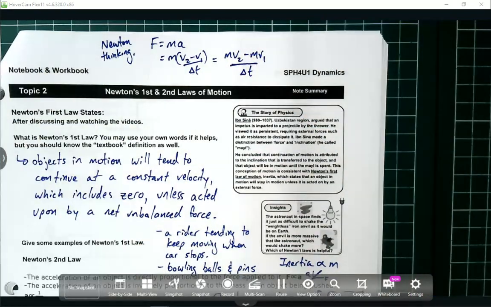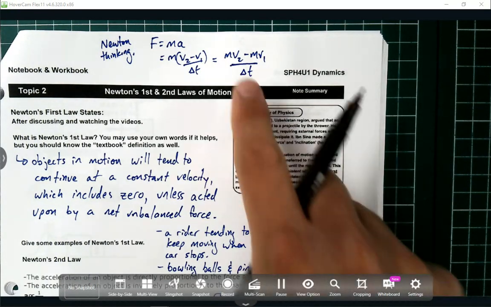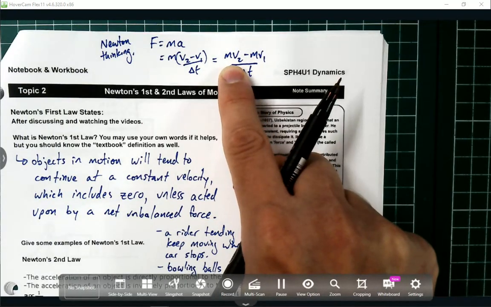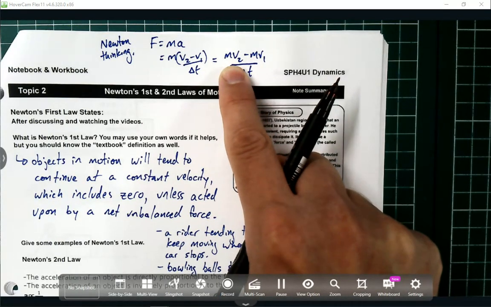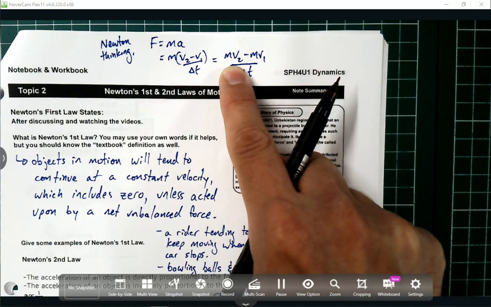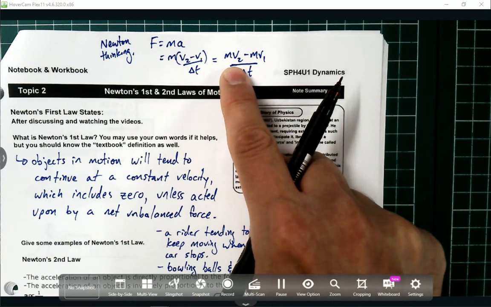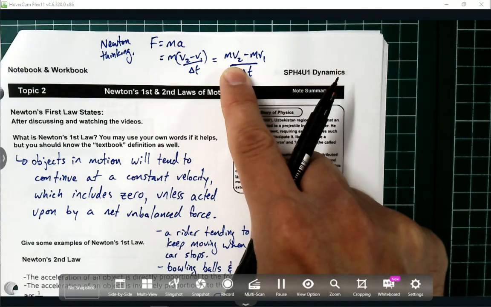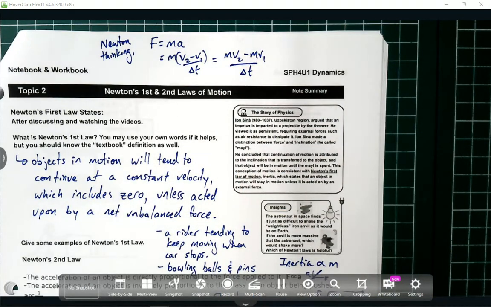Previously, we talked really briefly about momentum. Momentum is mass times velocity. Notice, mass times velocity is a calculated value. In street language, the way the common person talks about physics ideas, mass times velocity is momentum, but inertia is not mass times velocity. If you talk to somebody in everyday language, how'd the hockey game go?